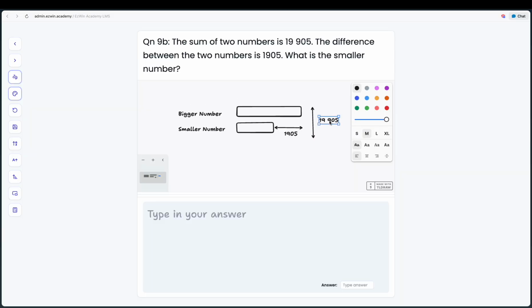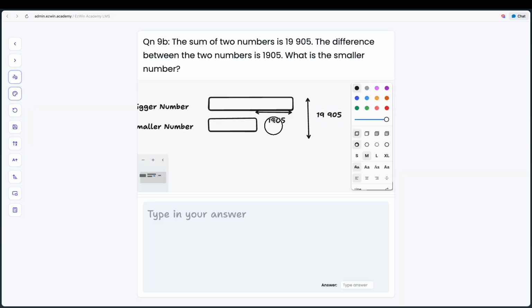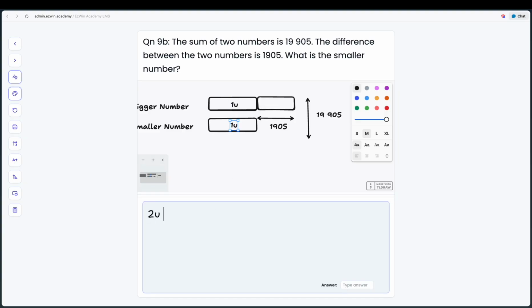So then what can we do? Okay, since we know the difference is 1905, then in a way we can just have like 2 units, right? So what we see over here, this will then be 1 unit, and then the smaller number is just 1 unit. So that means 2 units would then be equal to 19905 minus 1905, which is basically 18,000.